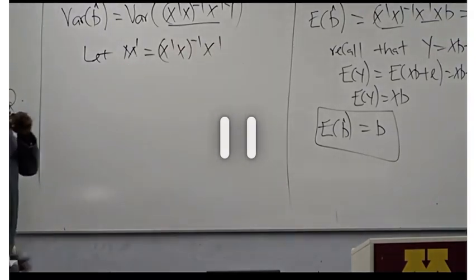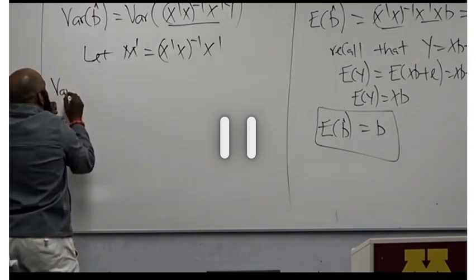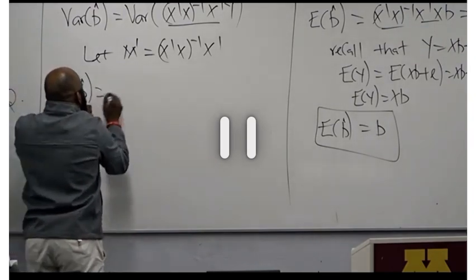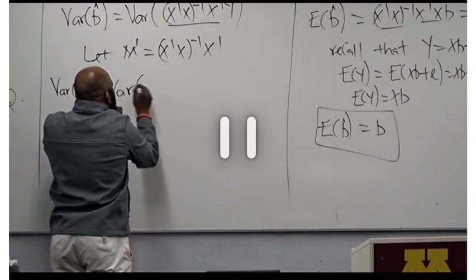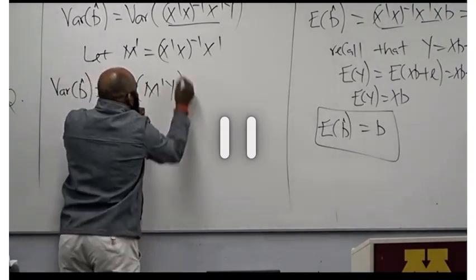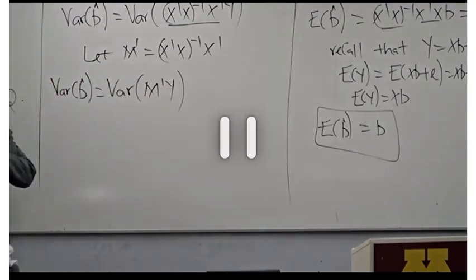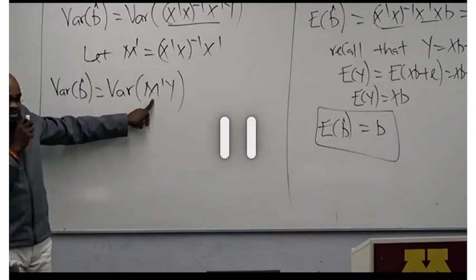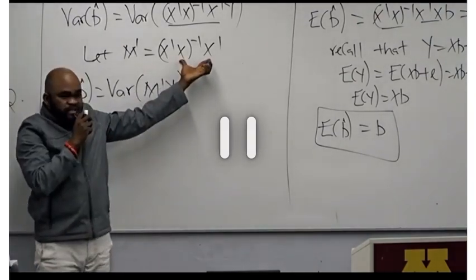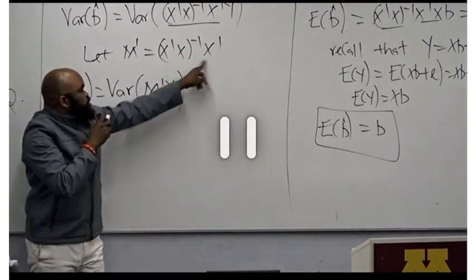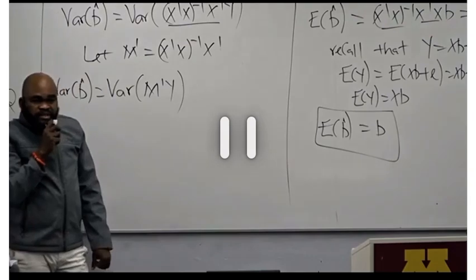Then I'm going to have the variance of M transpose Y. Who doesn't understand that? I used M transpose to represent the whole of this, because this has a transpose in it.